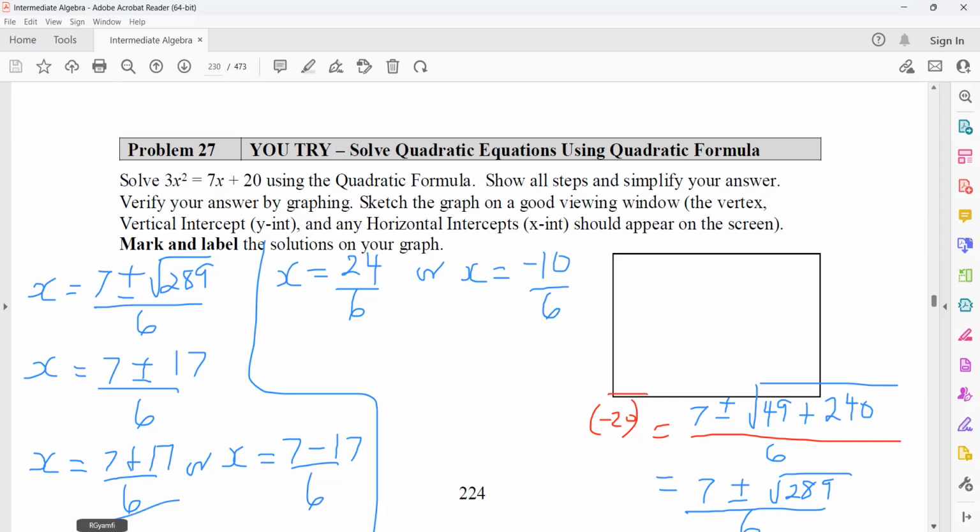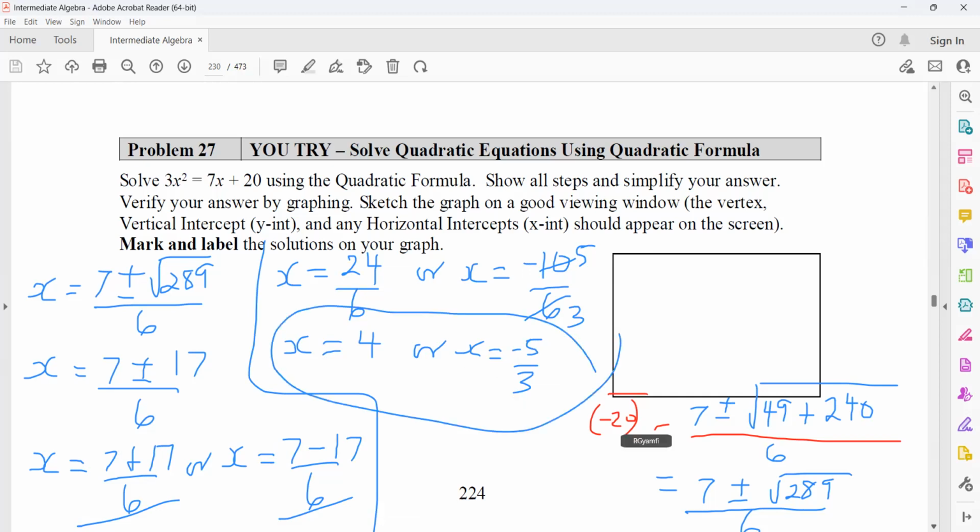So those are the two options. 24 divided by 6 is 4, or this will give us that x equals negative 5 over 3. And that's it. We've solved this quadratic equation.